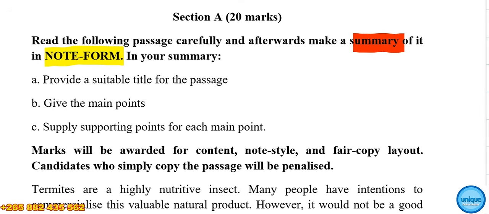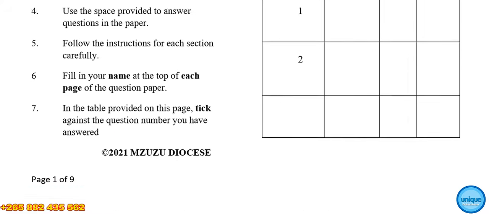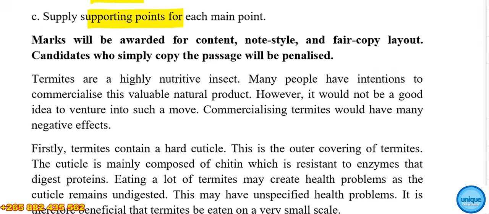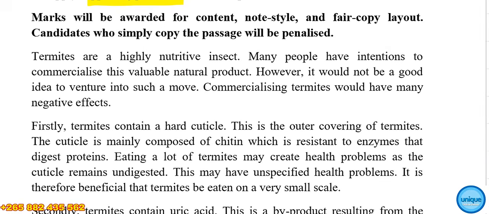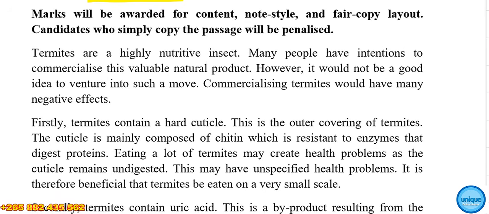In your summary provide a suitable title for the passage, give many points and also supply supporting points. That means it should look like the style here. Now they give instructions that marks will be awarded for content, so don't miss things. Don't miss the many points and the supporting points.